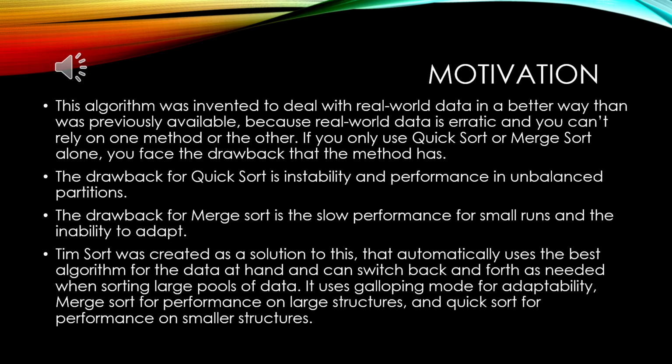Motivation. The motivation was simple. Old algorithms could not reliably handle real-world data dynamically. We couldn't rely on just one method to work all the time. Quicksort is usually fast, but it's unstable, which means if you give it multiple data points with the same value, you might lose the original order that you received those in, which is valuable information.